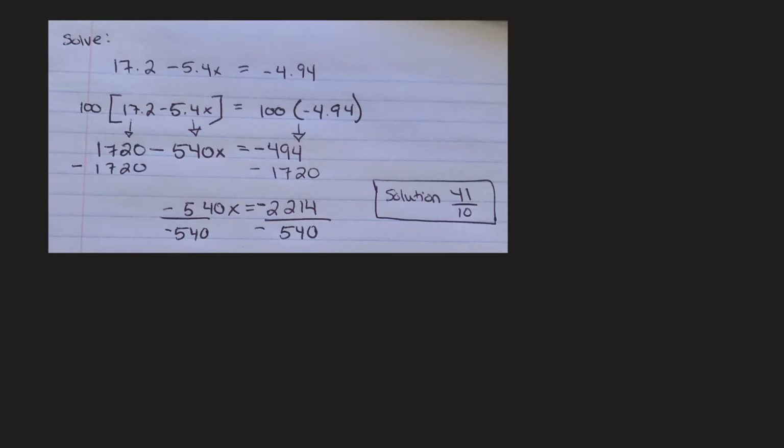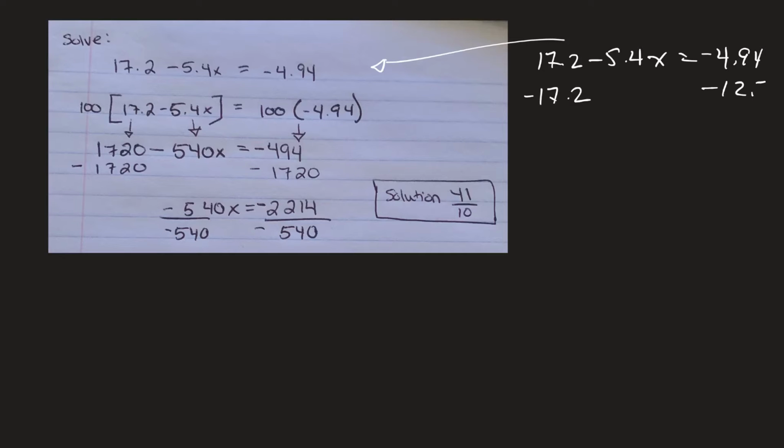All right, here's a good question. So it's just a regular linear equation, but it has decimals in it. So you could just solve it, I'll rewrite the question. So you could subtract 17.2 here, subtract 17.2 over there.